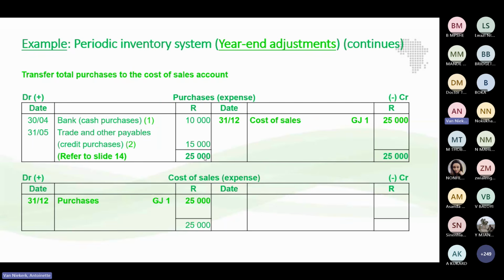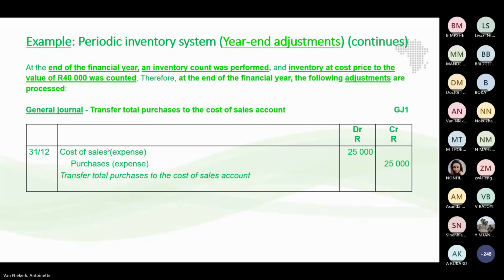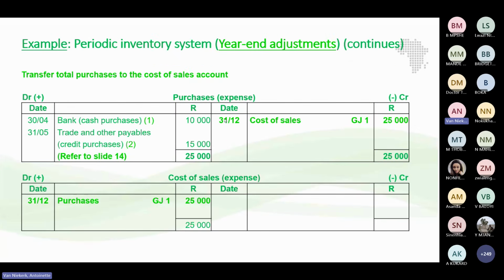So it will have a balance of 0. And then we record the purchases in the cost of sales account, which is an expense account, which increases on your debit side. So if you go back, you will see it's the same. Cost of sales was debited and your purchases account was credited.